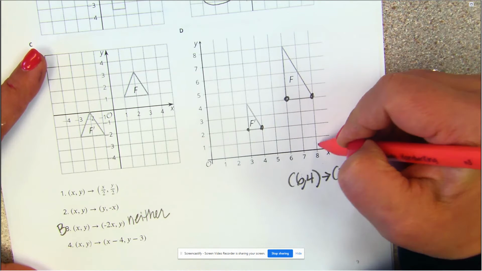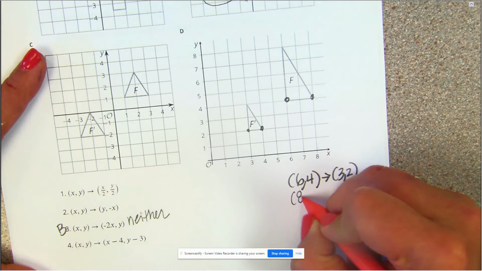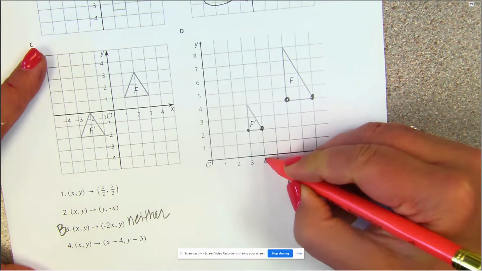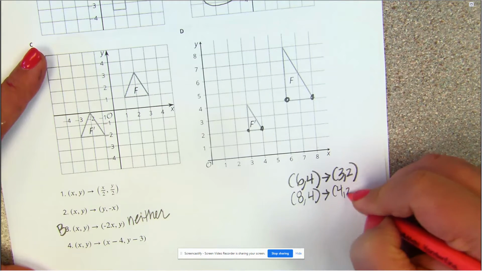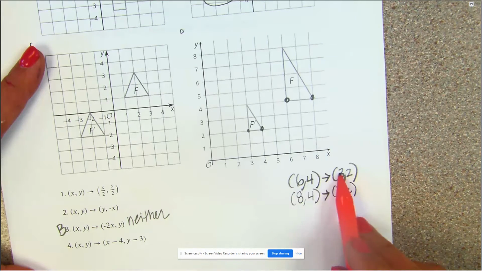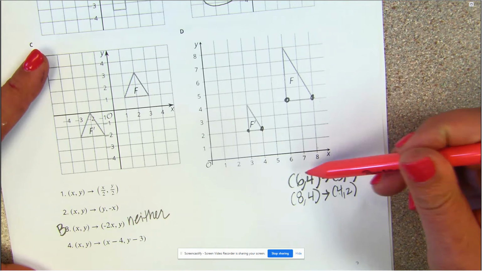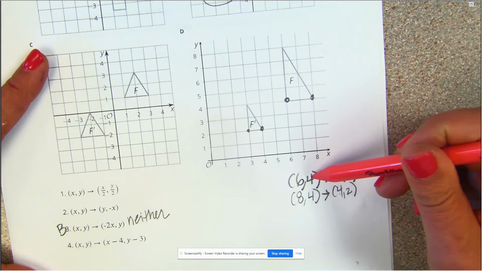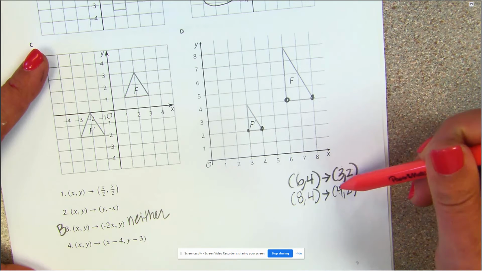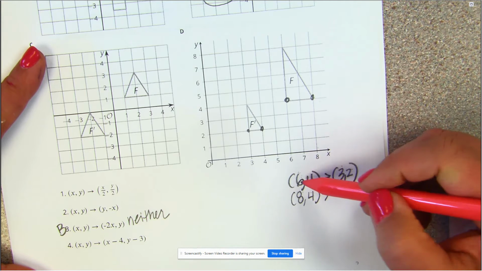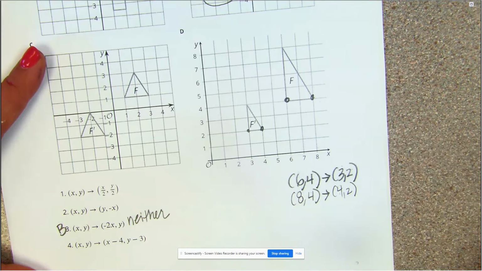So the original point was 8, 4, and that became 4, 2. So clearly it's not subtracting 3 because that doesn't work, but what's another way I can get 6 to 3? Divide it by 2, divide it by 2, divide it by 2. So it looks like they divided the x and the y by 2.